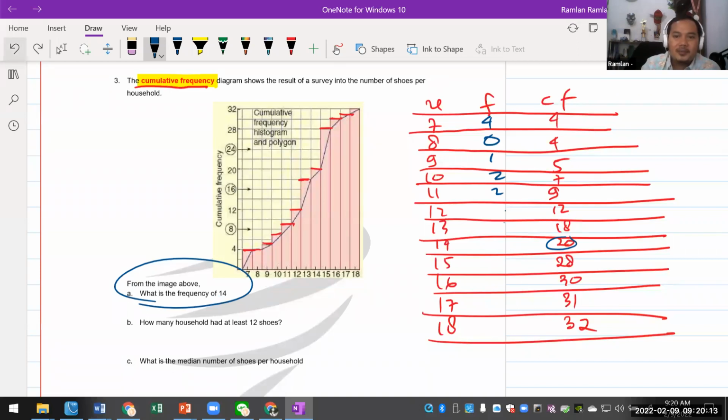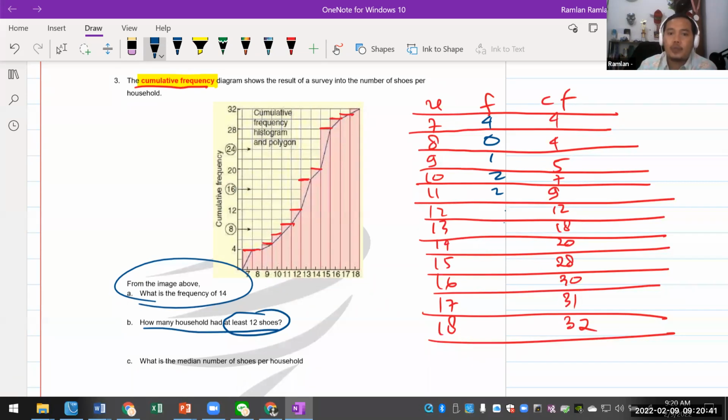Okay, and then the next question will be, how many households had at least 12? Previously Faldi said when the phrase is less than 7, it means that 7 doesn't include into that. But if you have at least 12, it means that 12 will be included into the calculation, right? At least 12 means that it can be 12, 13, 14 until 18.